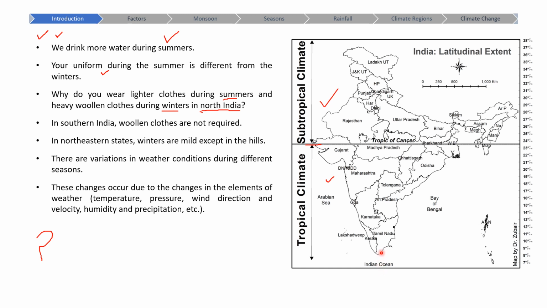It is moving slowly, slowly. So what happened during March? The sun is at the equator. Then April, then May, then it comes to June here.